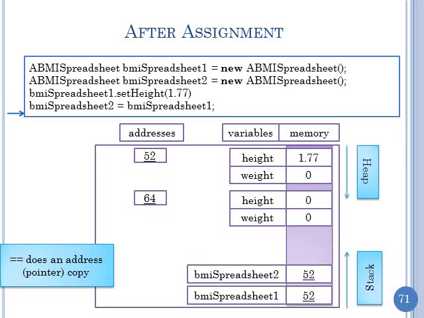At this point, there is no link to BMI spreadsheet 2, the original one. There's no way to get to it from your program. Okay? So firstly, sorry, this should have been an assignment, not equals. It does an address or pointer copy. It doesn't just copy the whole object.